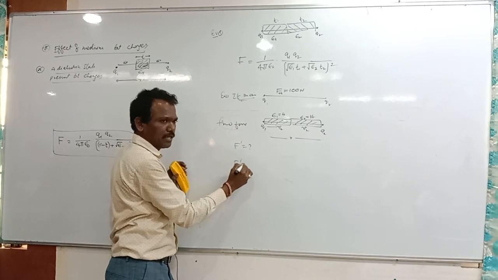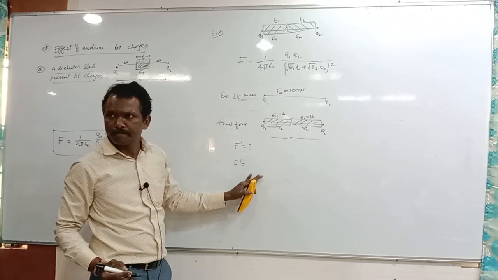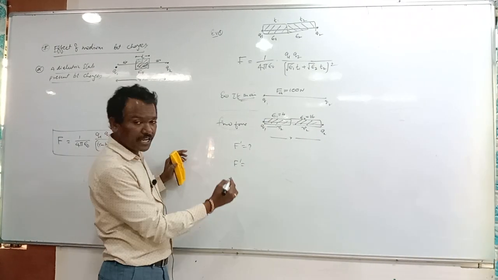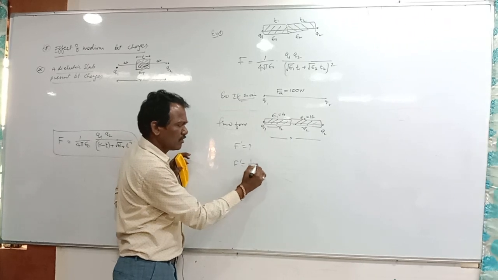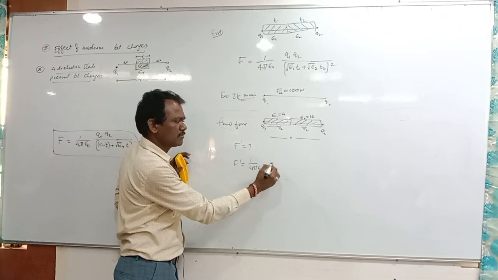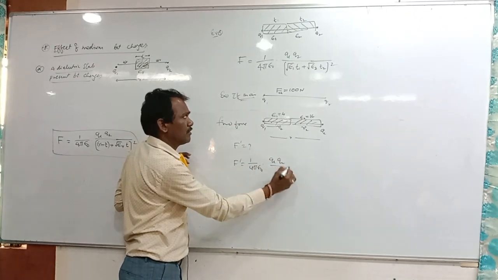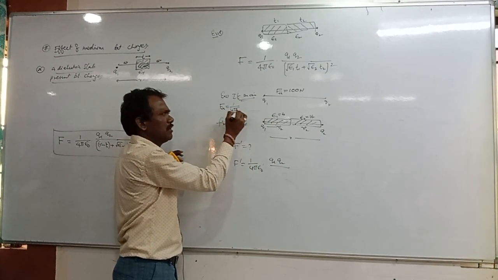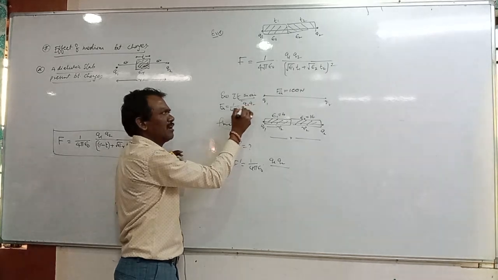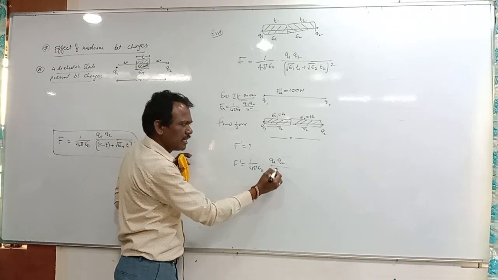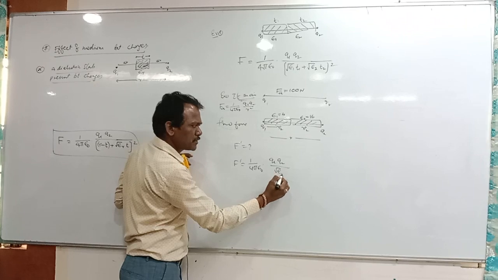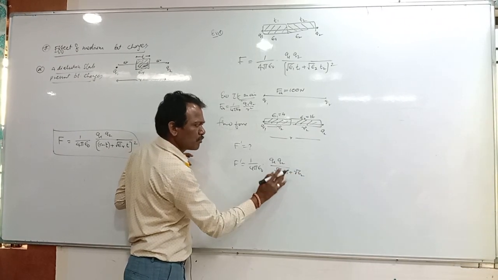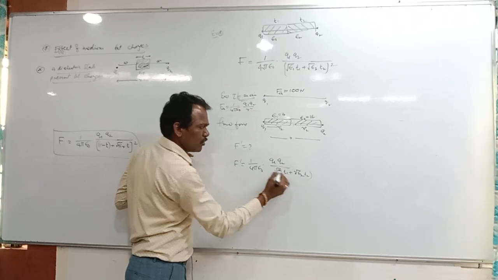F dash equals... In air, the force is F equals 1 by 4 pi epsilon naught into Q1 Q2 by r square, and in the media we write root epsilon 1 into T1 plus root epsilon 2 into T2, whole square.